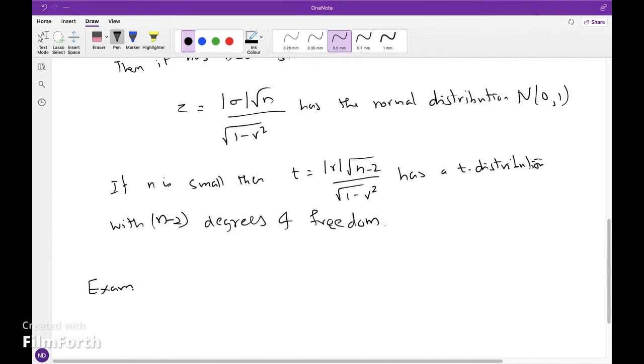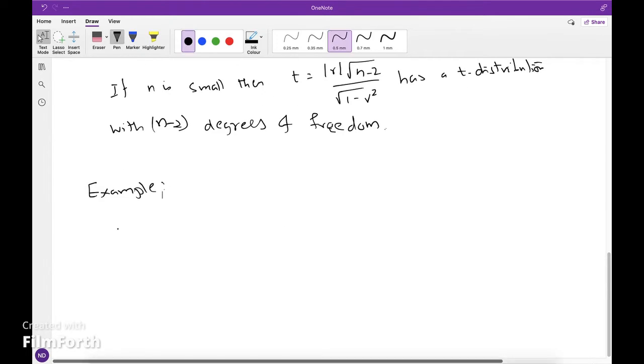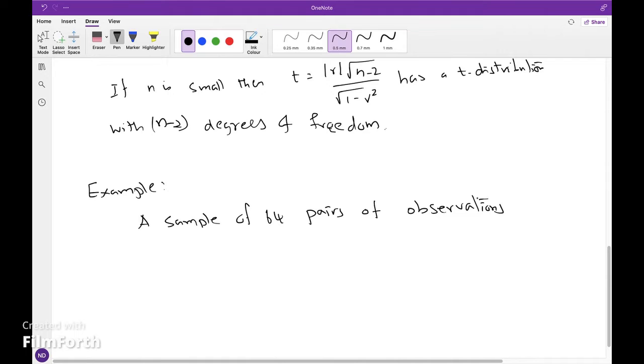Example, a sample of 64 pairs of observations showed a correlation coefficient of 0.2.